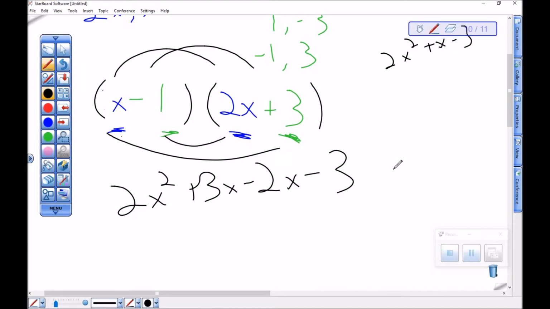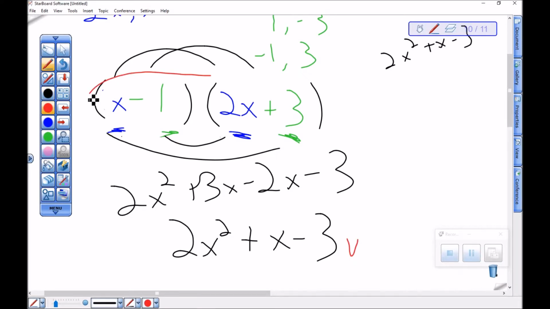Almost got myself with a sign mistake, which again, it should be negative 3, it's how we picked them. This is 2x squared, plus 3 minus 2 is plus x, and then minus 3. That is what I wanted. That means that this pair of factors is correct.